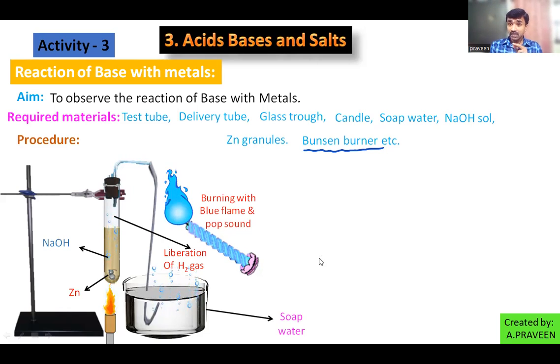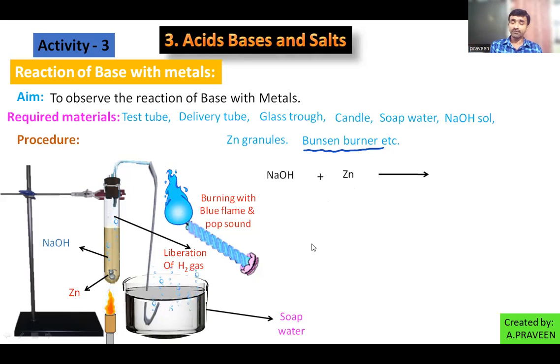What are the reactants here? NaOH and zinc, a base and a metal. These two produce what? One is an aqueous solution. What aqueous solution is produced by the reaction of sodium hydroxide and zinc?